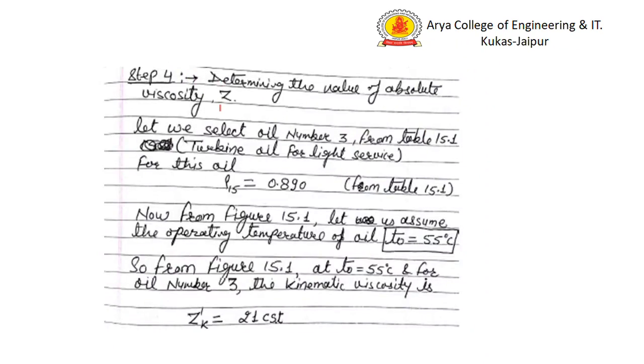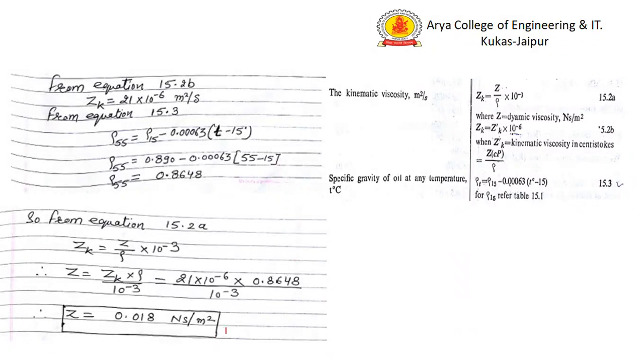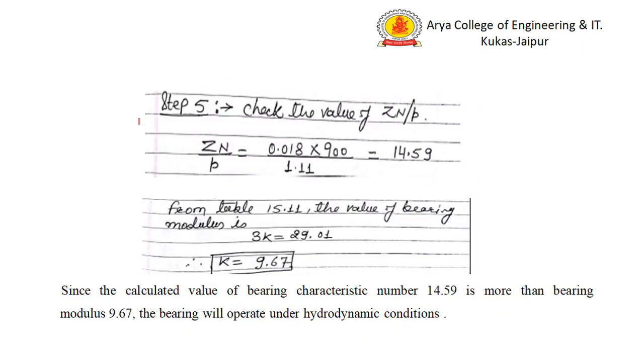In step number 4 we calculated the value of absolute viscosity Z, which is 0.018 Newton second per meter square. In step 5 we found the value of the bearing characteristic number Zn by P, which is 14.59, and the bearing modulus from the table is 9.67.